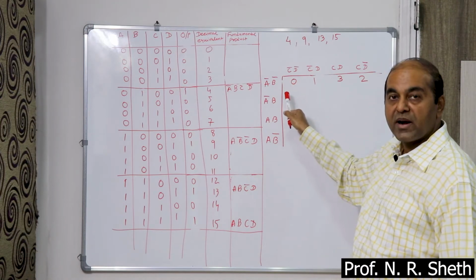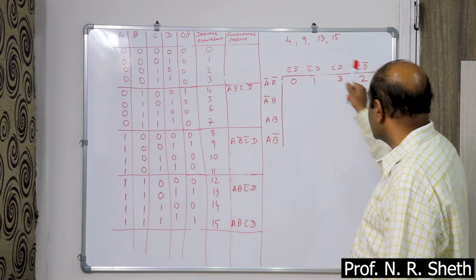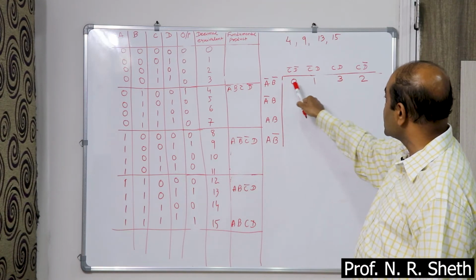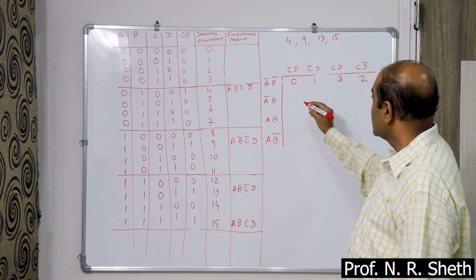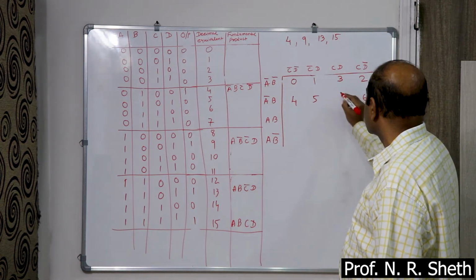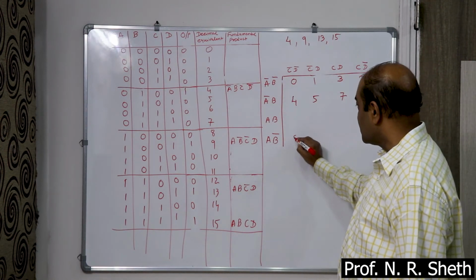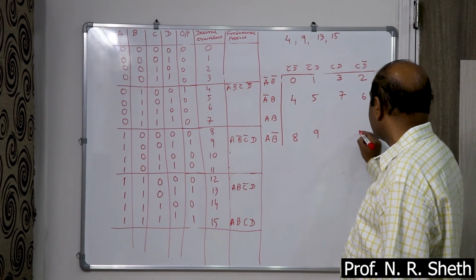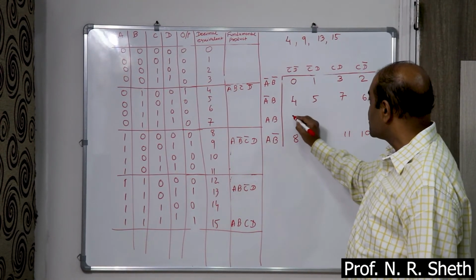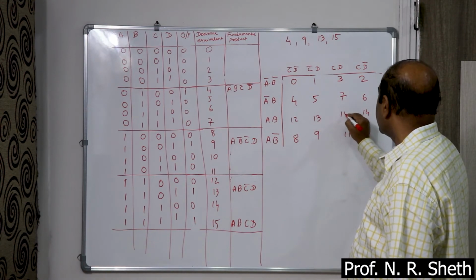A bar, B bar, C bar, D bar is here. 1 is here. 2 is here, not here, because this is not in a sequential order. So 0, 1, 2, 3. 4, 5, 6, 7. 8 is here. 8, 9, 10, 11. 12, 13, 14 and 15.